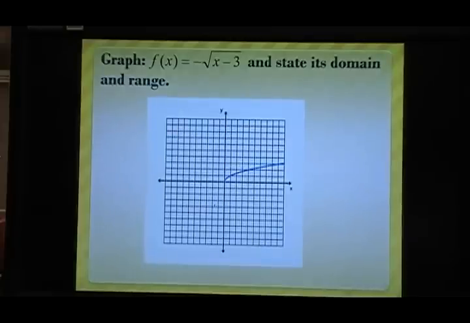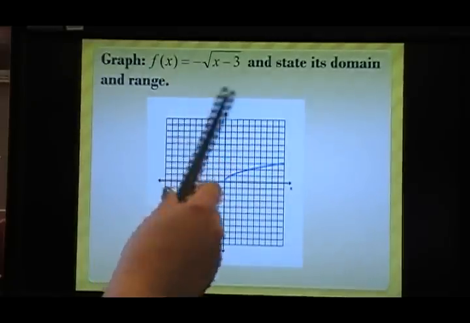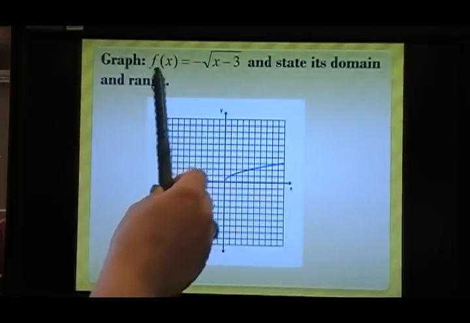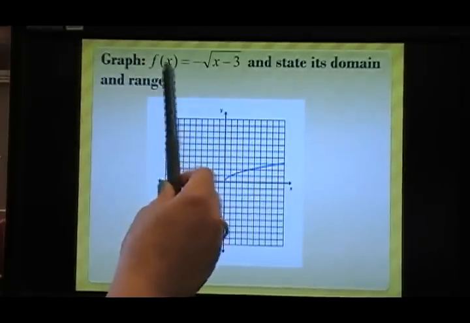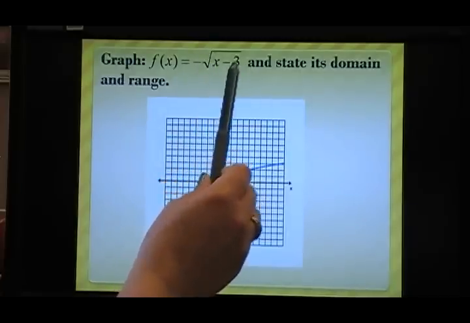Okay, so here, and you know, I should have taken those off because when you look at this, you're not going to know or see which function it is anywhere. So what needs to happen in your head is you look at this function and it says graph f of x equals the opposite of the square root of x minus 3.